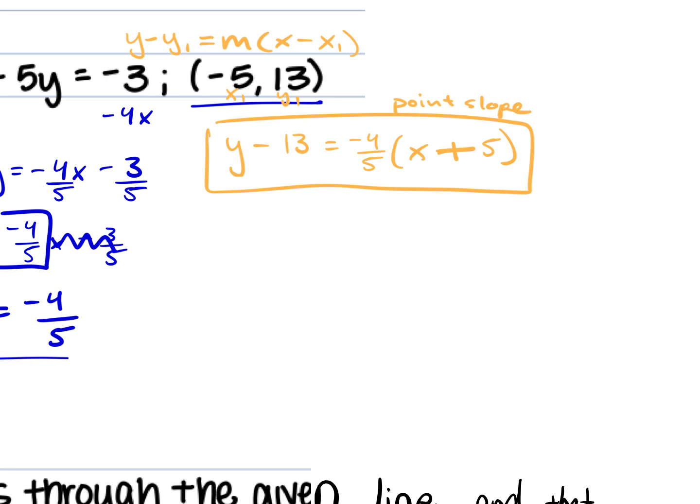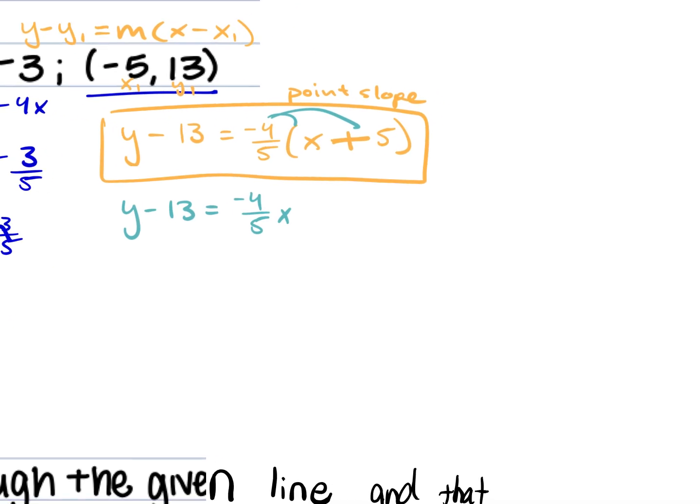But what if the question said to leave your answer in slope intercept form? What would we need to do? We want to distribute. So y minus 13 is equal to negative 4 over 5 times x. Then we have negative 4 over 5 times 5. I'm going to write that on the side over here. Negative 4 over 5 times, I'll call it 5 over 1.